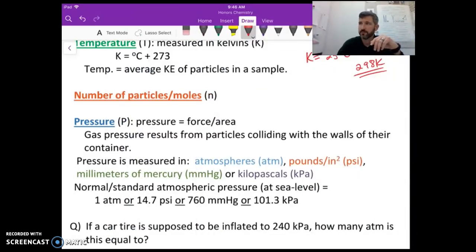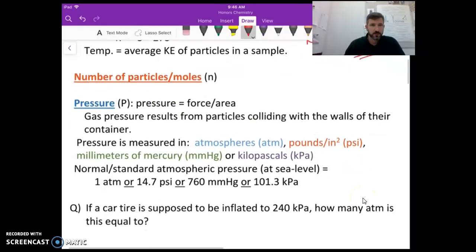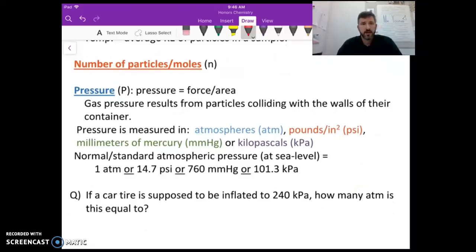That's it. Pretty simple. Okay, the next one that we have to spend a little bit of time on is pressure. Pressure is defined as force divided by area. So if you accidentally step on your friend's foot and you're wearing a flat-soled shoe, that pressure, which is going to cause the pain that they feel, is going to be dependent on your mass and therefore the force that you're able to exert due to gravity, divided by the area.